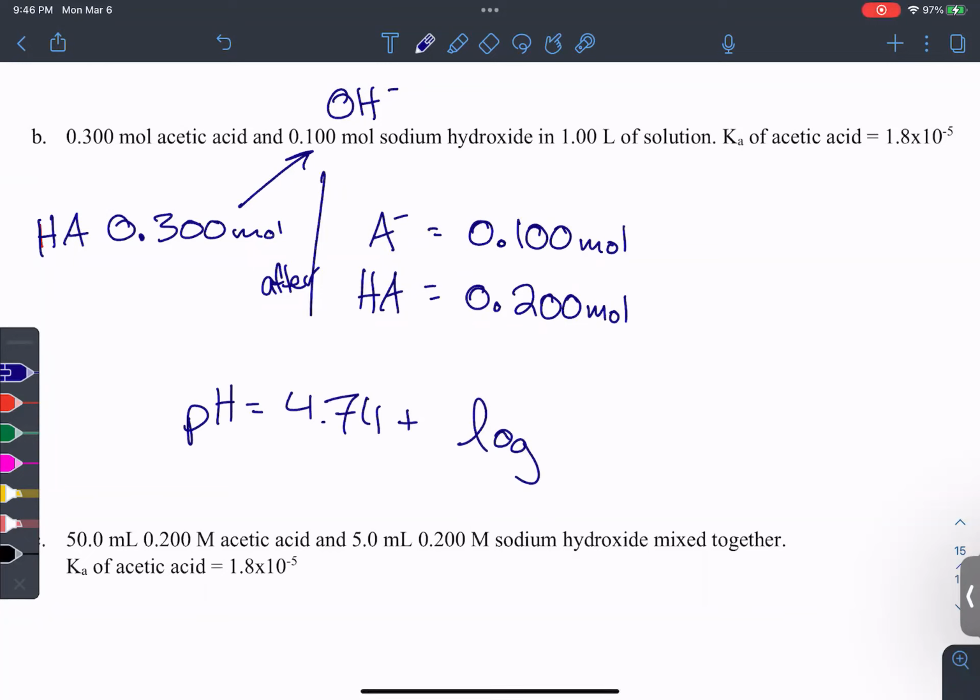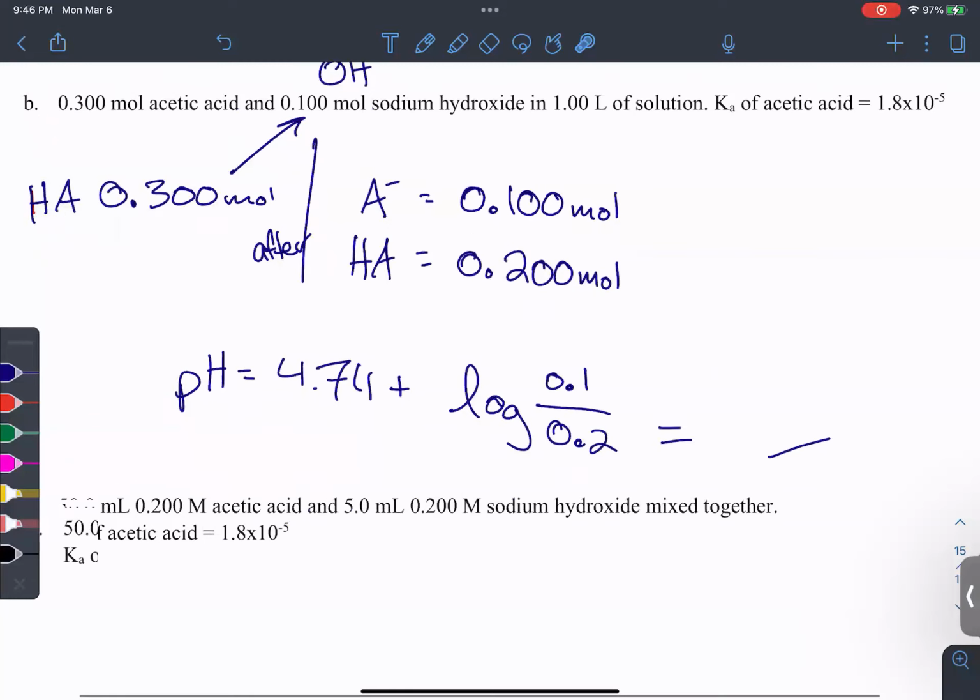Base, which is which number? The 0.1 over 0.2 equals whatever. Okay, so note how I didn't put 0.1 over 0.3. No, it's a type 2 buffer where I partially neutralize it first.